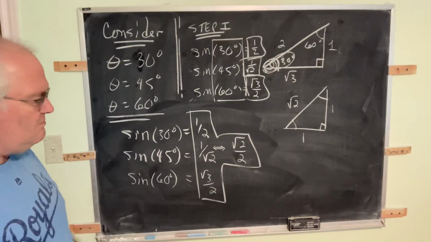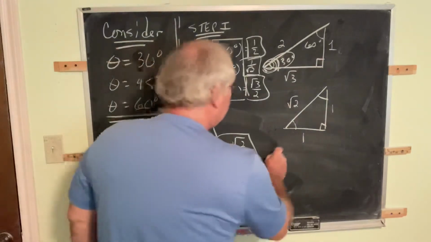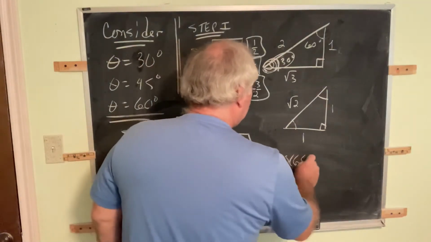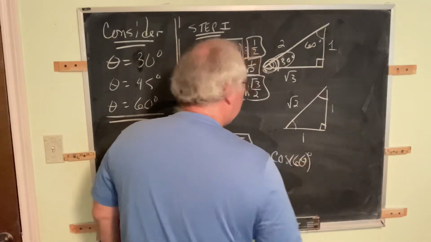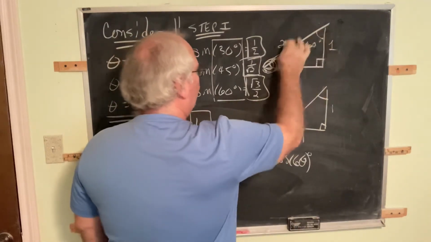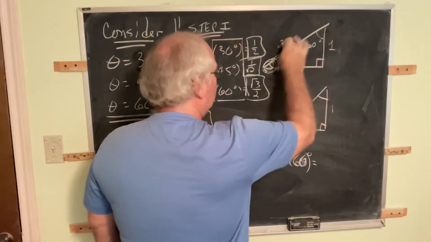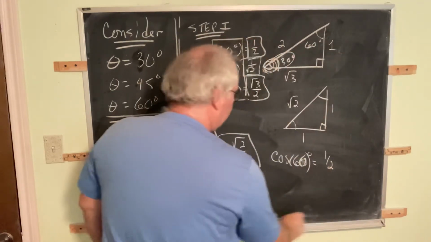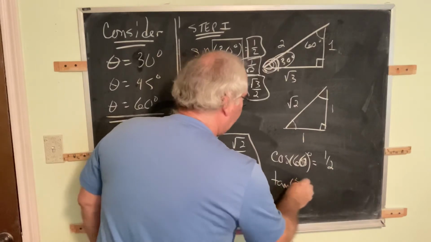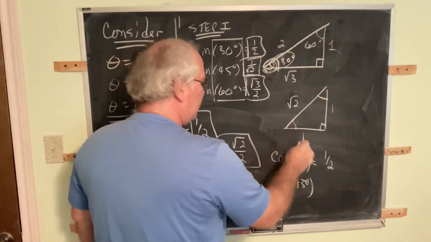You want cosine? You don't need any rules. They were smacking you right in the face. Cosine of 60 degrees: from the perspective of 60, cosine is adjacent over hypotenuse. What is tangent of 45 degrees? Tangent is opposite over adjacent.